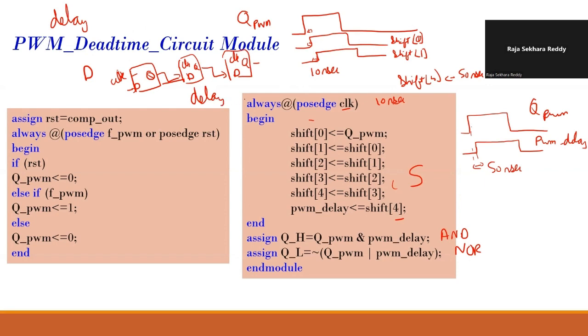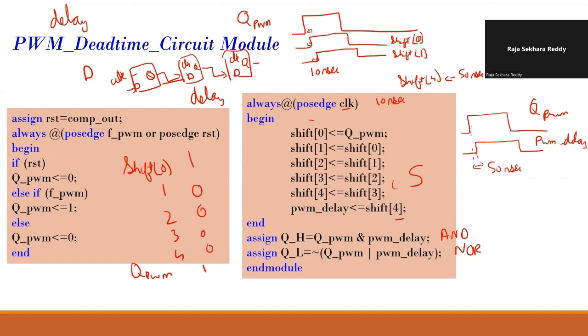This is what I showed you last time. But sir, QPWM is assigned to shift 0, and parallelly shift 0 is assigned to shift 1. Yes, let me tell you. Assume initially shift 0, 1, 2, 3, 4 and QPWM are there. Assume QPWM had value 1, shift 0 had value 1, and the rest are 0, 0, 0.